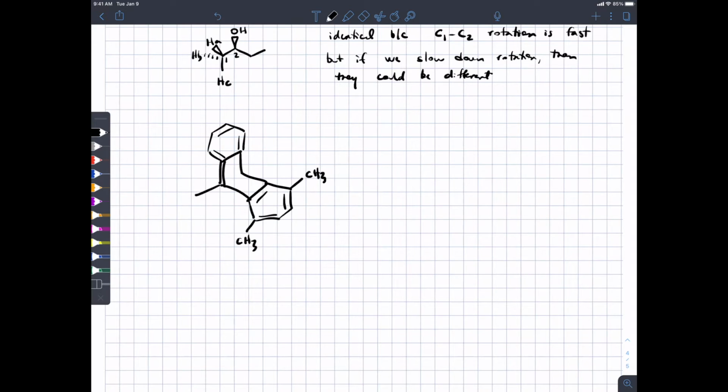And then there's another phenyl group here. I'm getting tired already. I'm not sure how they made this. I'm even less sure why they bothered. And then coming out at you is a methyl group.